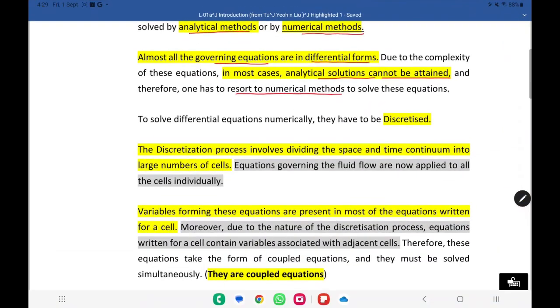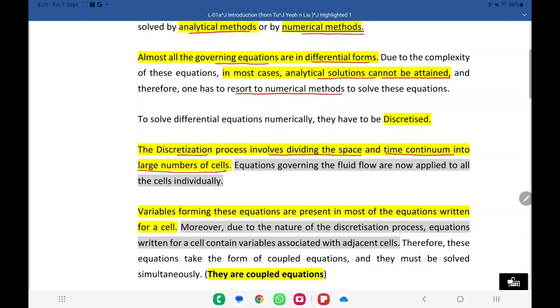Okay, coming back to this. Now, the discretization process involves dividing the space and time continuum into a large number of cells. So you divide the space and you also convert the equation into this algebraic form.